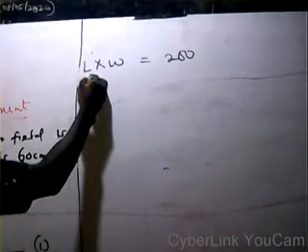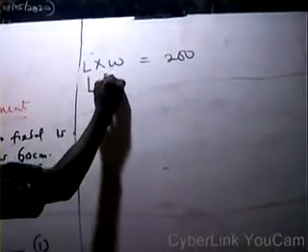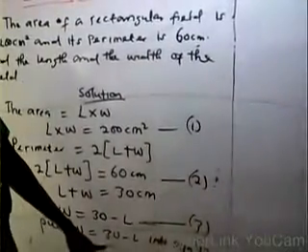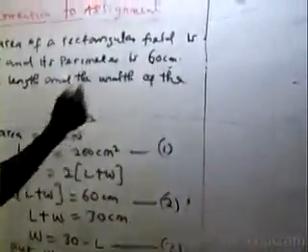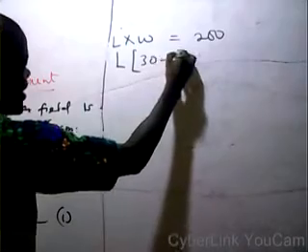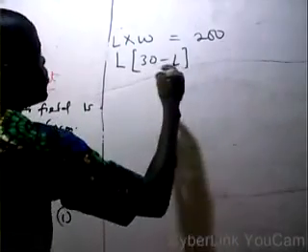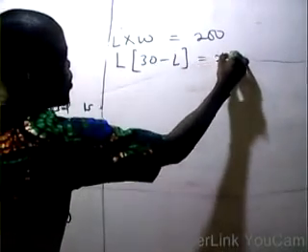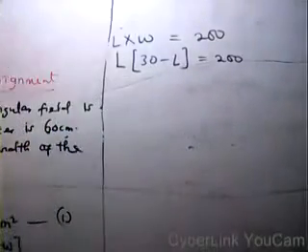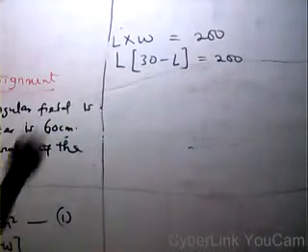So we now have L into bracket, our W is now 30 minus L. This is now our W, 30 minus L, so we substitute it there. So we now have L into bracket 30 minus L, which is equal to 200. Are you getting it now?